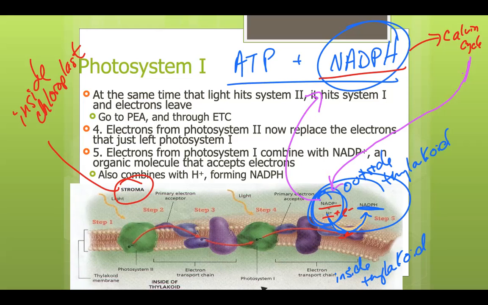So what we need is light energy, which we get from the sun. What we need is electrons that are going to be replaced. So far, the electrons that leave photosystem 1 are replaced by the ones that leave photosystem 2. And in a second, I'll talk about what replaces electrons here. But at the end, we're producing chemical energy, right?